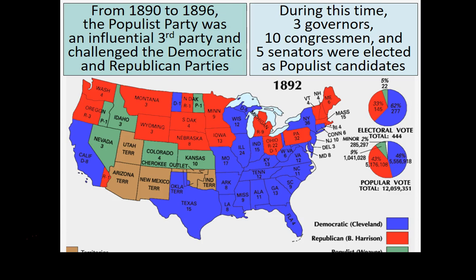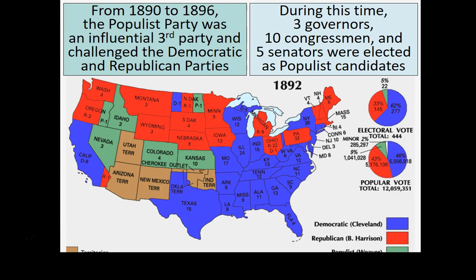From 1890 to 1896, the Populist Party becomes very influential as a third party, and they challenge the Democratic and Republican parties. And that's really what a third party does, is they challenge the normal parties or your common parties like the Democrats and the Republicans.